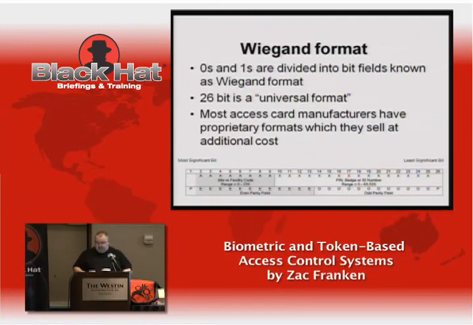So 24 bits is not a whole lot of security. And if you're a large company, the manufacturers will say, hey, we can make it more secure. We'll give you a 36-bit format, and we'll sell you your own site code or facility code, and we won't give it to anyone else, Mr. Large corporate.